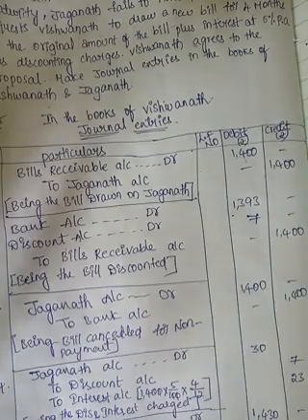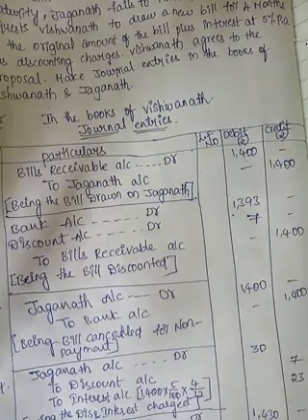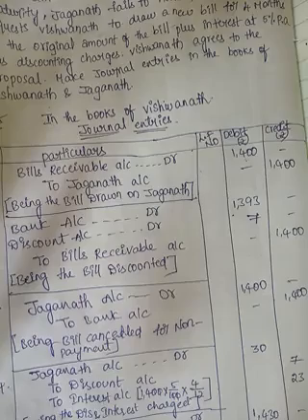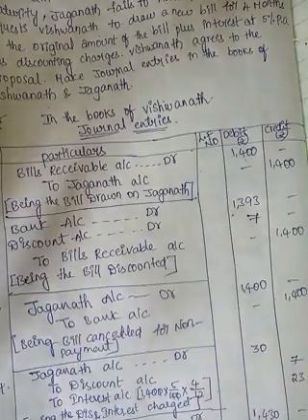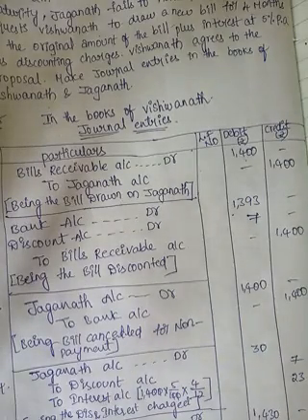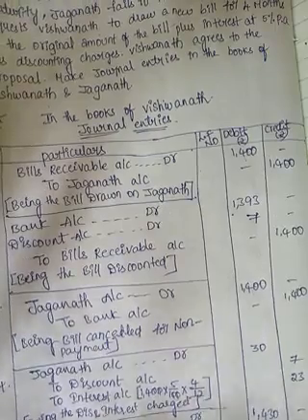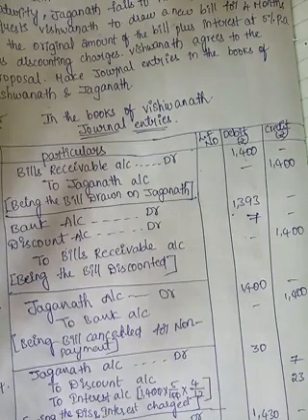Suppose this bill is honored on the due date. At that time, what is the entry? In the books of Vishwanath, he will receive cash from Jagannath when he makes payment on the due date. So the entry is cash account debit to bills receivable account.